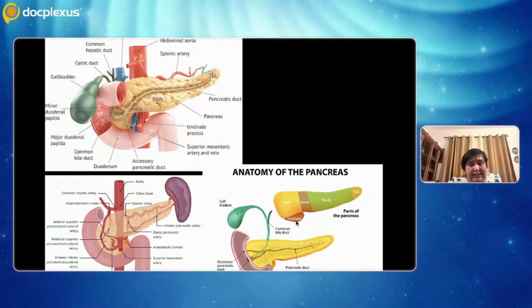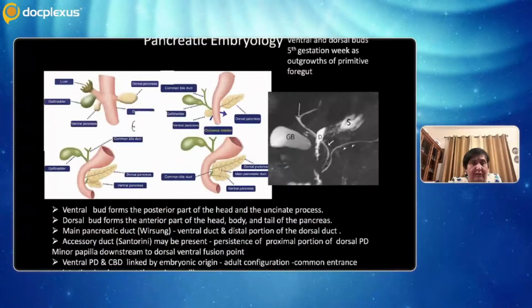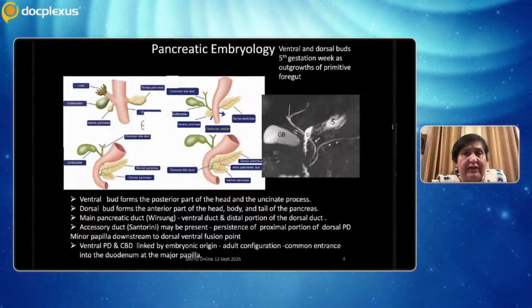Now, the pancreas consists of the uncinate process, the head, neck, and body. And it's important to visualize each and every one of these parts of the pancreas. How does the pancreas develop? In the 5th week of gestation, you have ventral and dorsal outgrowths of the primitive foregut.